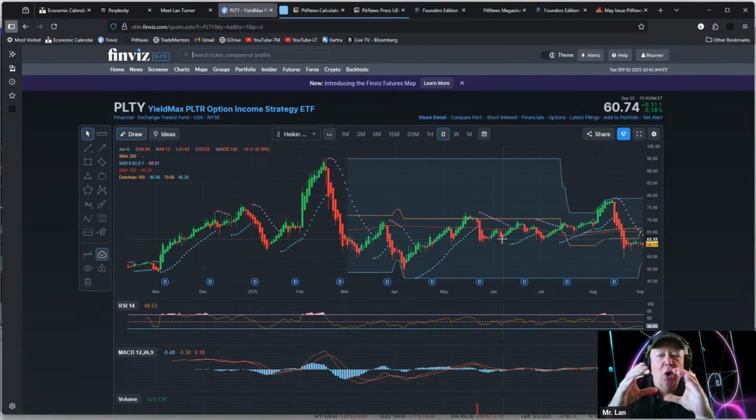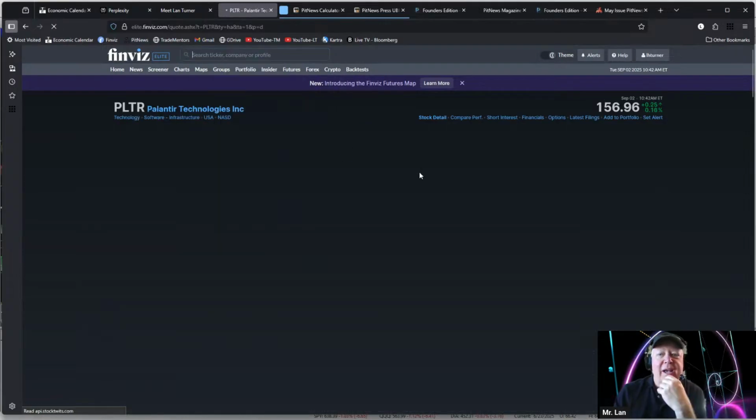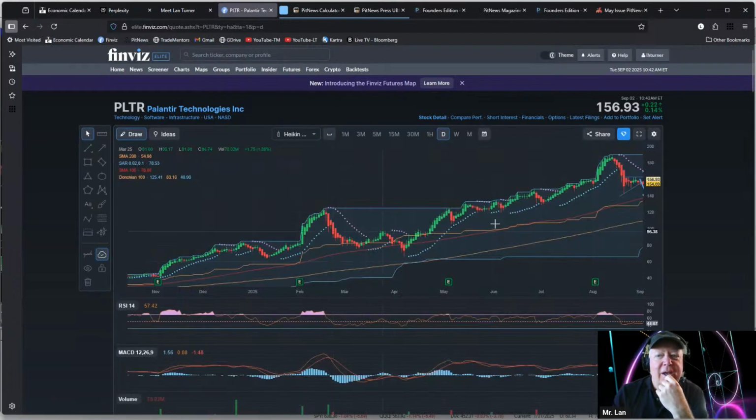This is a holding bank. Think about it as just a bucket of money that they use to draw from to trade options on PLTR. Right? So the bucket goes up and down in value as they trade. As they make money or as they lose money, it goes up and down in value. Now, PLTR is going down in value, right?